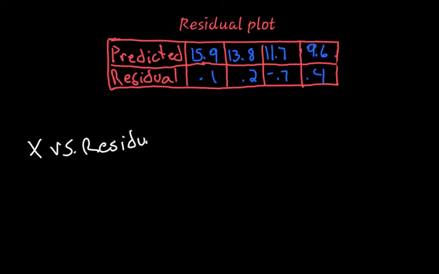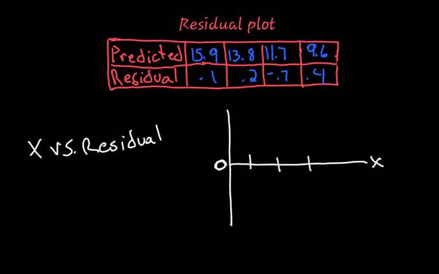The x values on the previous slide were 1 through 4: x equals 1, 2, 3, and 4. So you're going to make your y axis here in the middle for the residual plot, and you're going to have the x axis. Here's my x, and the origin is right here.